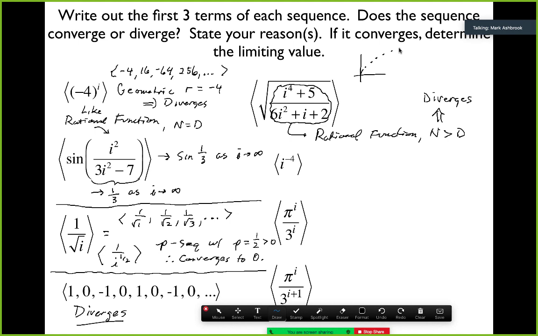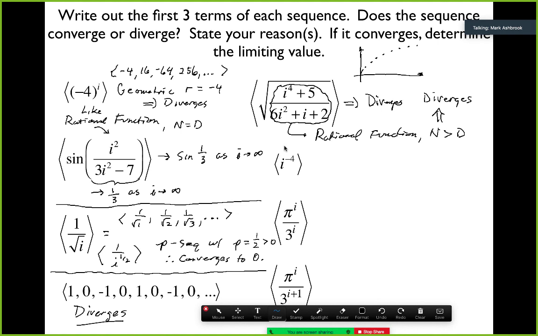And the y values will never level off. These numbers keep getting bigger and bigger and bigger. So this diverges, because you have a rational function that diverges, and the square root just makes it diverge slower.